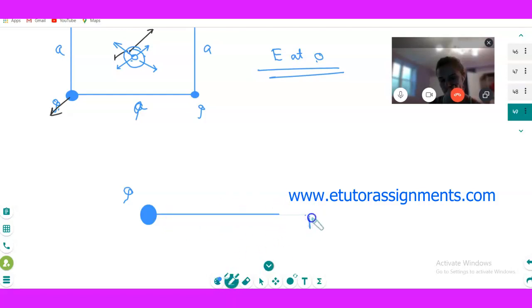What do we want to calculate here? Electric potential. What we have to do? A unit positive charge we have to bring from where?